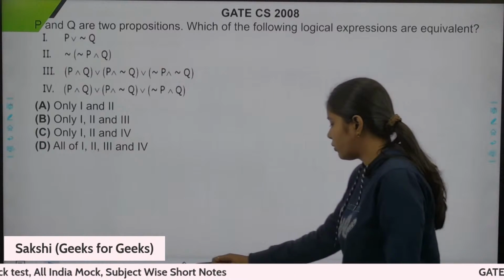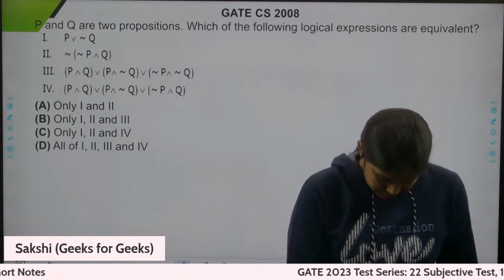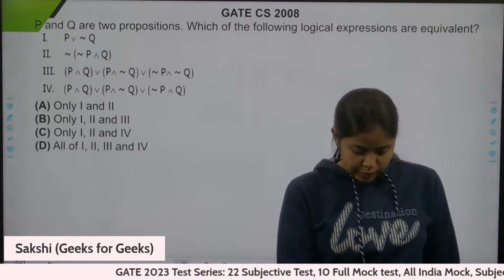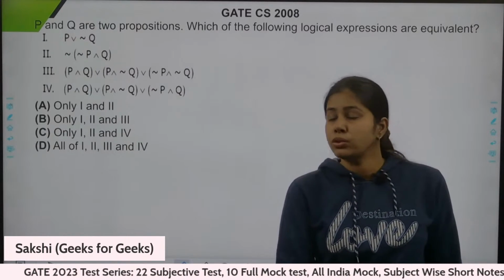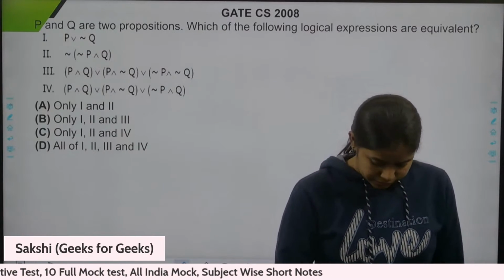Now let's try to solve this question. Just go through this question once and let me know how to solve this. You have to use propositional equivalence laws.